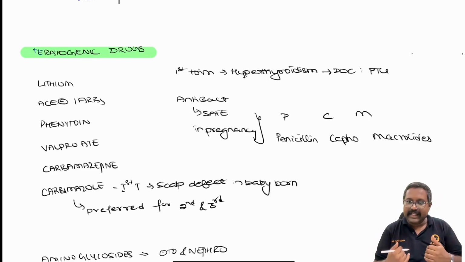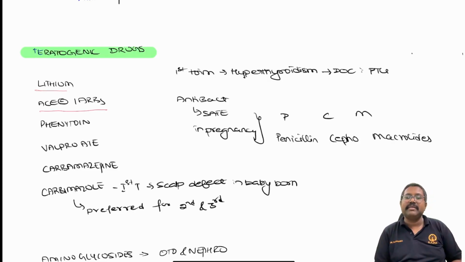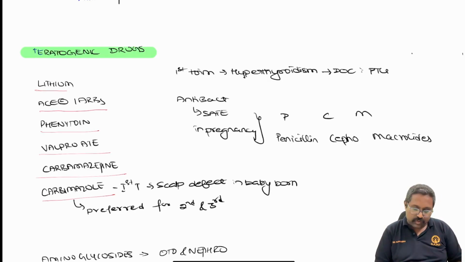If there is a maternal intake, that effect will be seen in the fetus if the drugs are very teratogenic. Some of the teratogenic drugs you can identify here are lithium, angiotensin converting enzyme inhibitors, ARBs, phenytoin, valproate, carbamazepine, and then carbimazole.